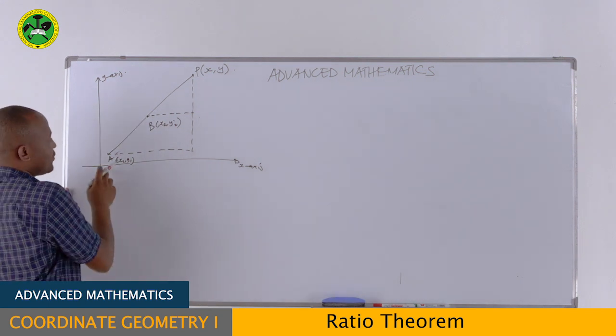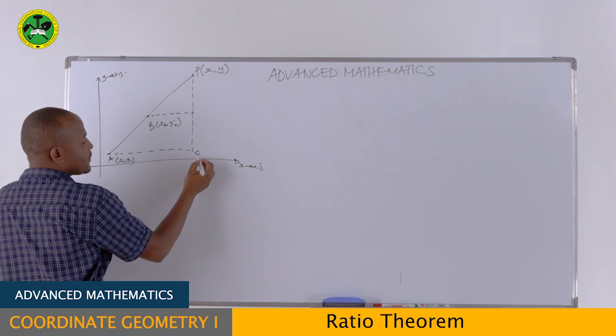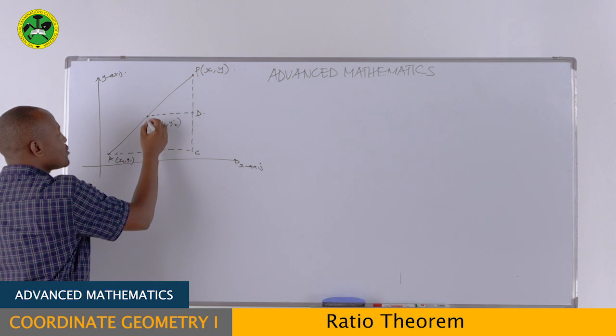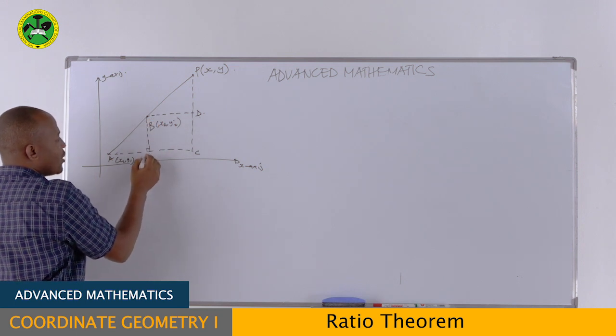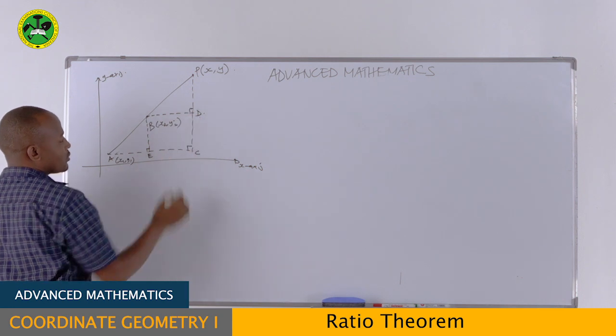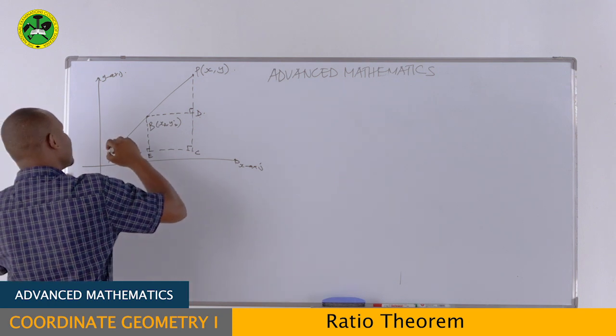So if this is A, B, and that is P, let's call this C and this D. And to make that clear, so we can compare those triangles, we can also call that E. But also you have the ratio, and this ratio divides the line externally.